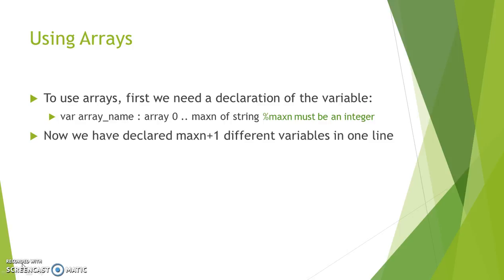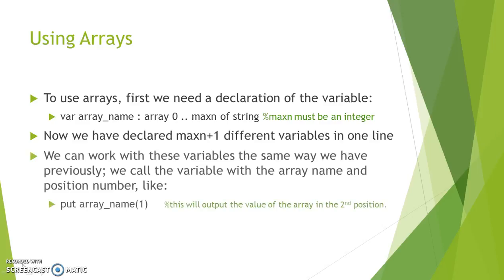So yes, we have these different variables that are available to us. We can refer to them, we can declare them in one line, and we can refer to them using things like loops. And these can be very convenient, of course. So we can work with these arrays using the same kinds of commands we use for an individual variable.